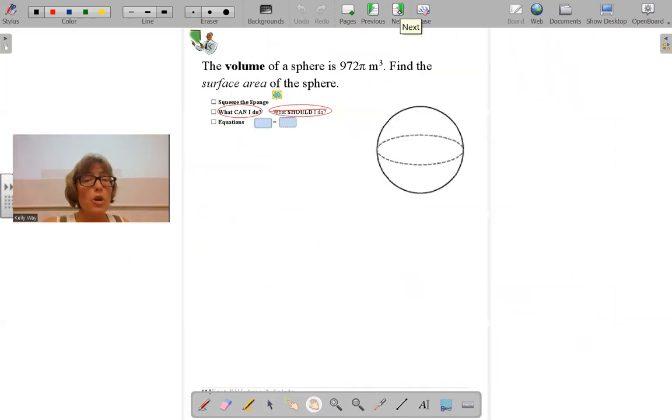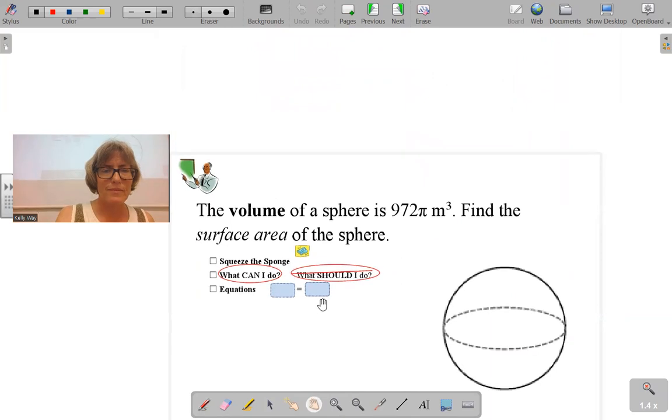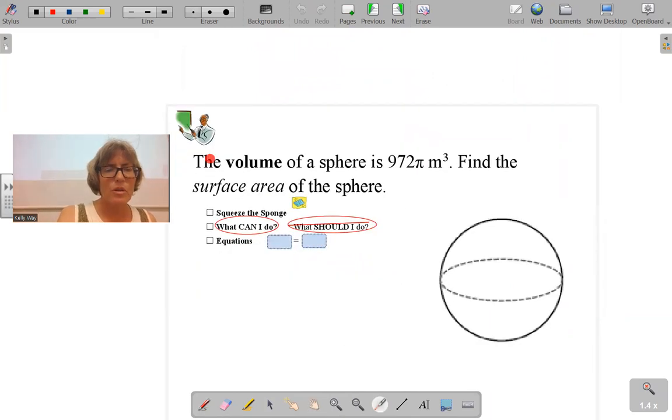Then you have things where you have to work backwards. Put your finger right there. Read, lips moving, sound coming out of your lips, finger right there. Read. So this time we have the volume.